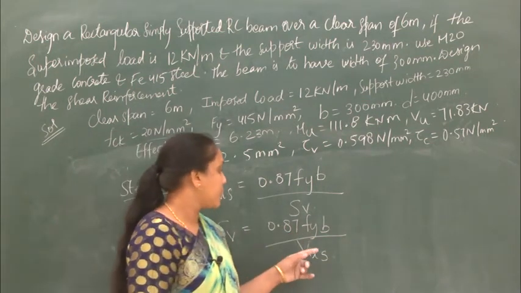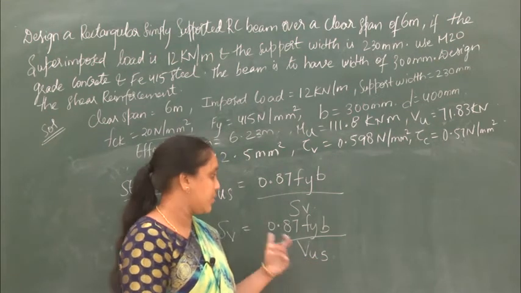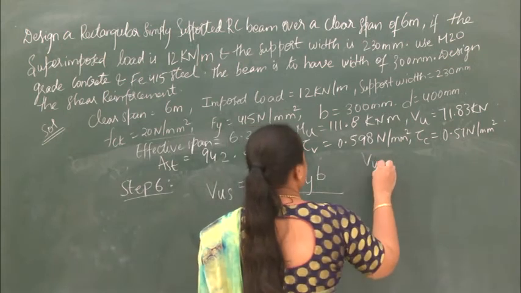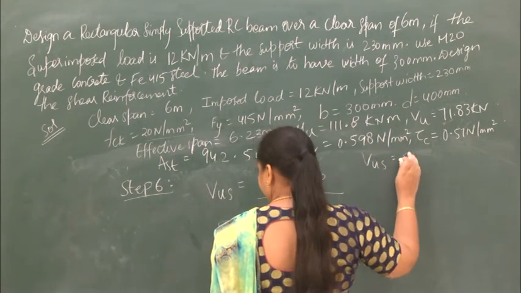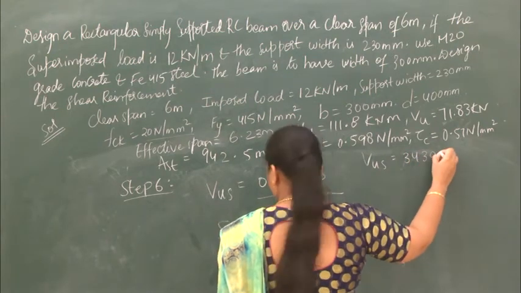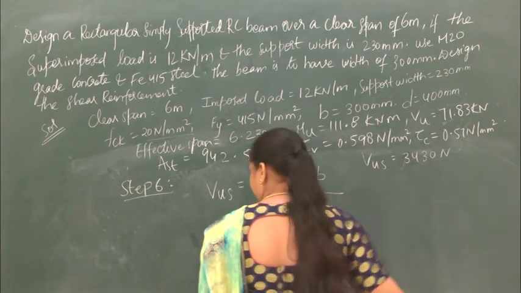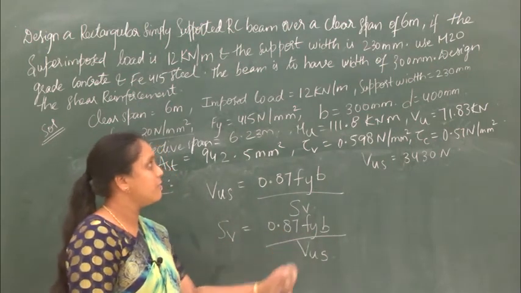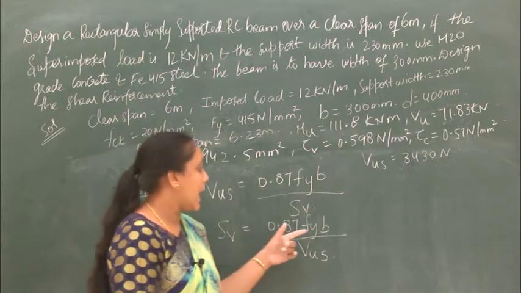We already know the value of VUS which we have calculated now. What is the value of VUS? VUS is 3430 newtons. We know the value of B which is 300 mm and Fy.